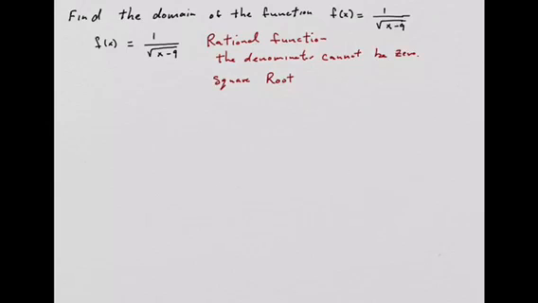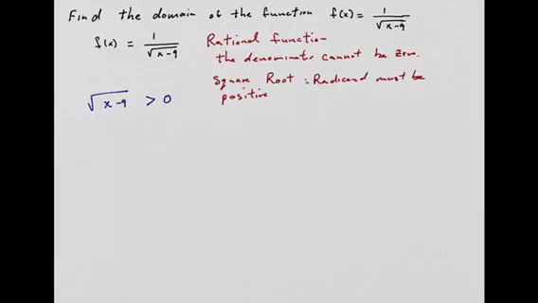the radicand must be positive. So that means that the square root of x minus 9 has to be greater than 0 because it can't be 0.